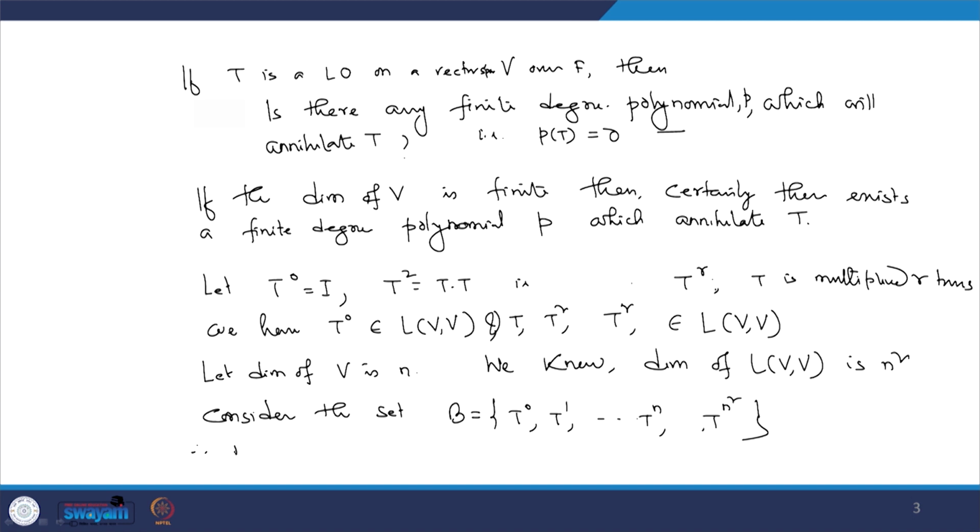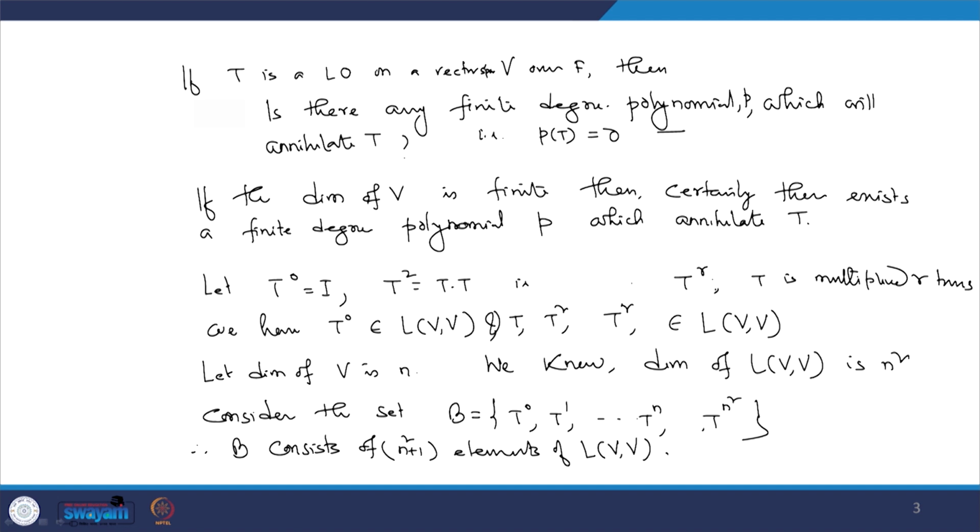So, B consists of n square plus 1 elements of L(V,V). Since B consists of n square plus 1 elements, this set will be linearly dependent, not independent, because there are more than n square elements.